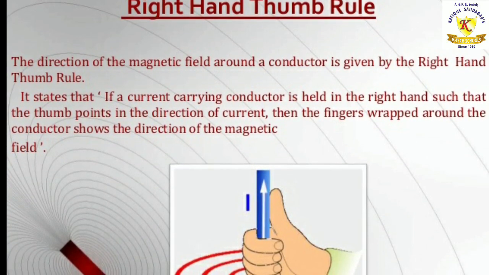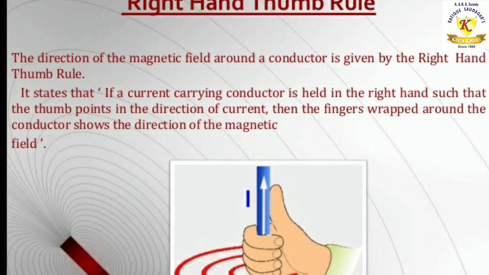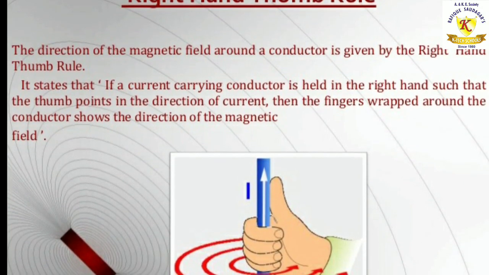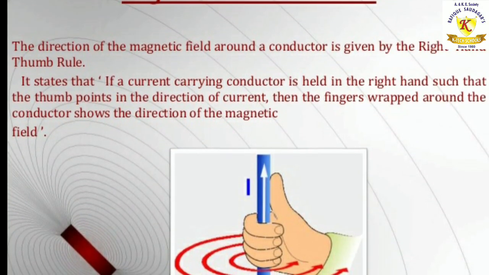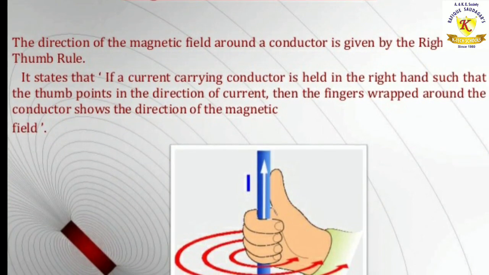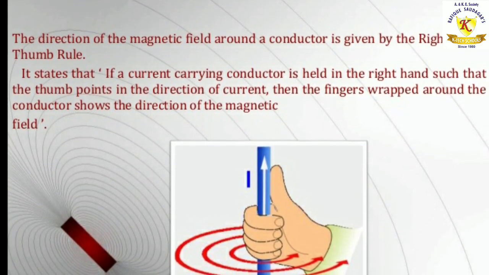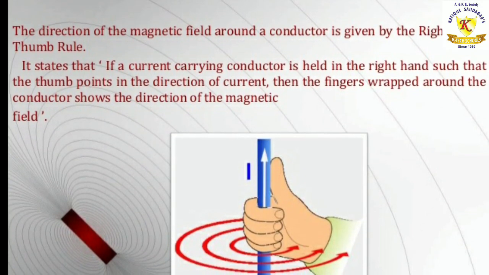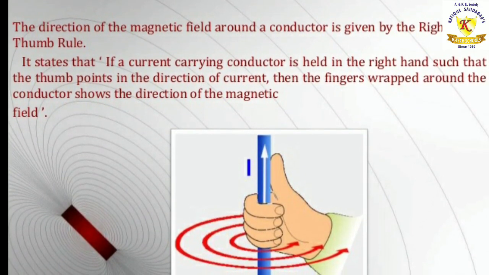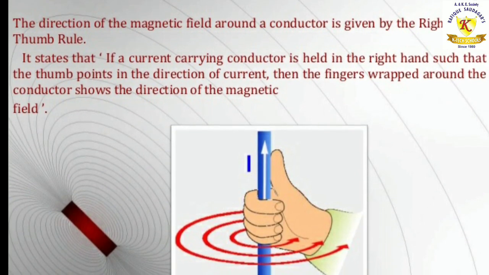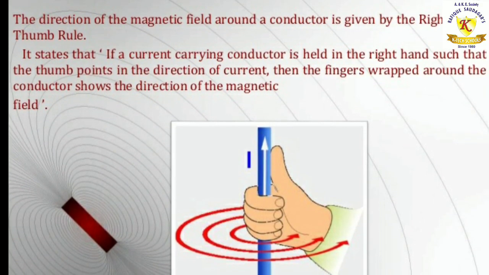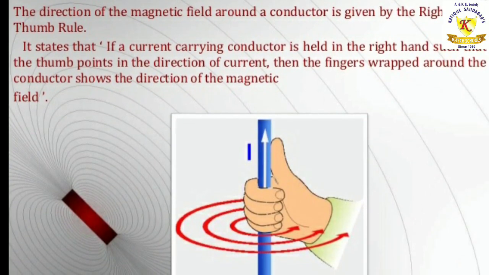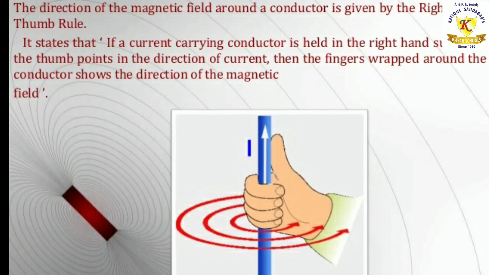The direction of magnetic field around a conductor is given by right hand thumb rule, and it states that if a current carrying conductor is held in the right hand such that the thumb points in the direction of the current, then the fingers wrapped around the conductor show the direction of magnetic field. Yes?